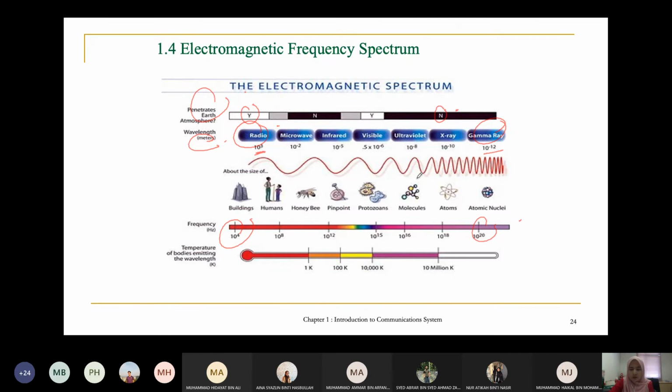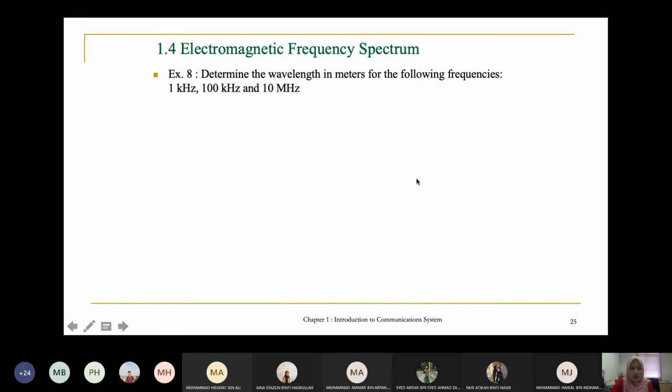So now let's look at example 8. Calculate the wavelength. This one is very simple. Directly use the formula lambda equals C divided by F. You must remember that C is 3 multiplied by 10 to the power of 8, the velocity of light.